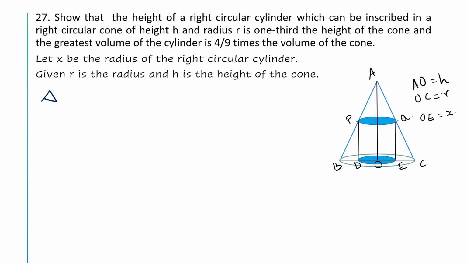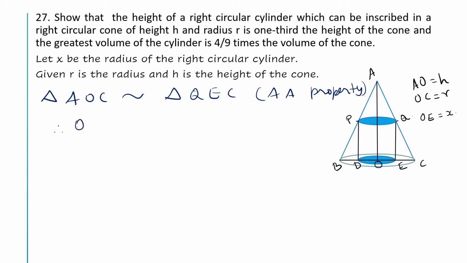Here triangle AOC is similar to triangle QEC using angle similarity. Therefore, QE by AO is equal to EC by OC.